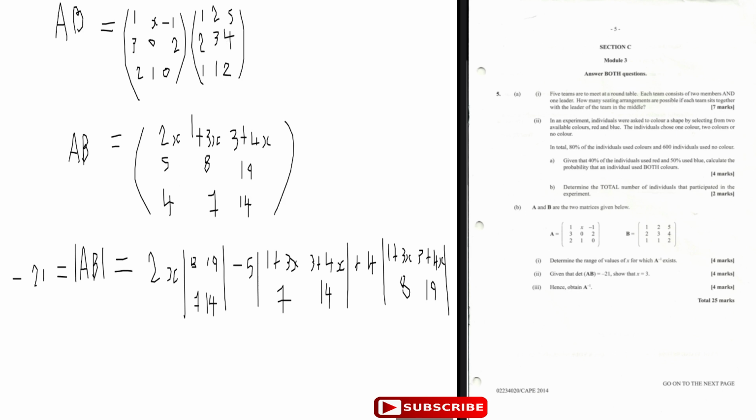So now we're saying that negative 21 is equal to 2x times 8 times 14 is 112 minus 19 times 7, 133, minus 5 times 1 plus 3x times 14, that's 14 plus 14 times 3x is 42x, minus 7 times 3 is 21, minus 7 times 4 is 28x, plus 4 times 1 plus 3x times 19 is 19, plus 19 times 3 is 57x, minus 8 times 3 is 24, minus 8 times 4 is 32x.